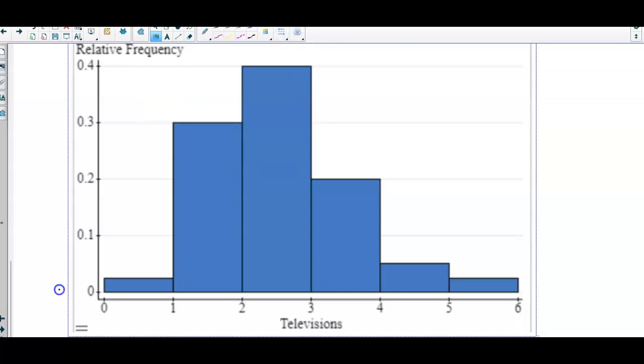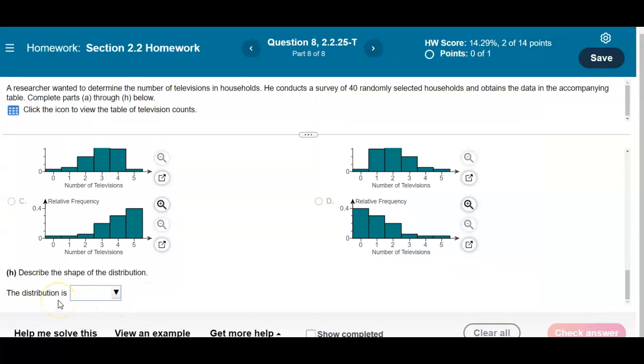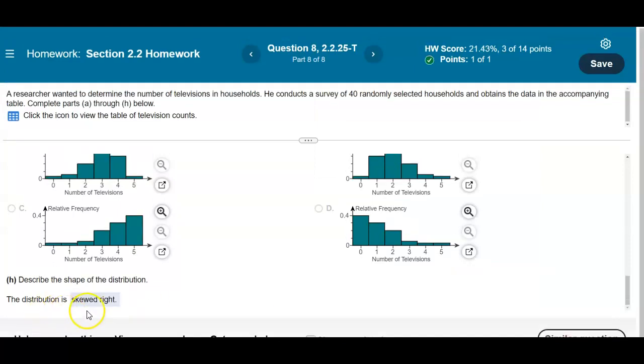So it starts out pretty high, and then all of a sudden it tapers down, and then it has a tail to the right. So there's a longer tail on the right-hand side. So if it's a longer tail on the right-hand side, then we would say that the distribution is skewed right.